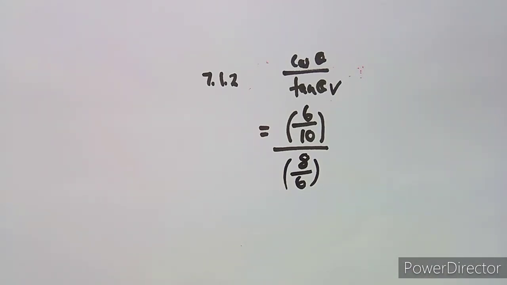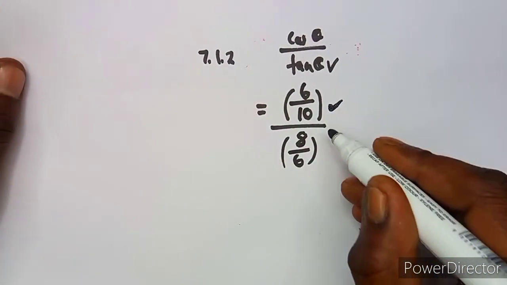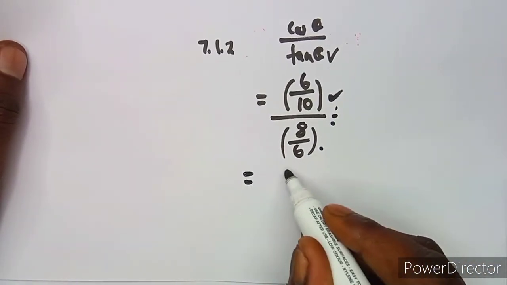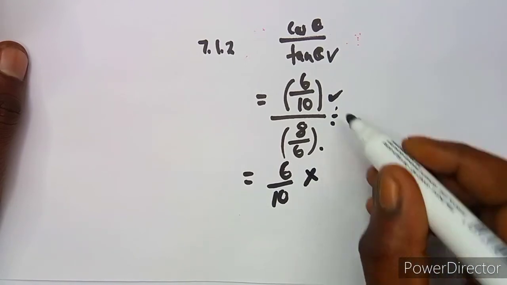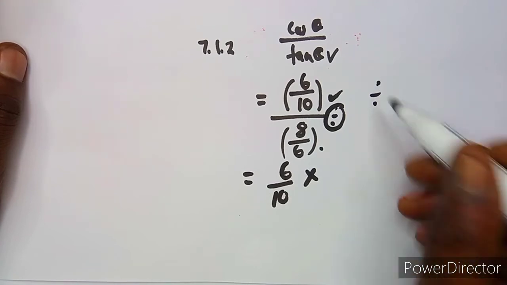So how do you simplify? As you can see, guys, we are given a fraction here, which is dividing another fraction. So take note, from your fractions, you're going to write this as 6 over 10 times, you introduce multiplication, because this is same as dividing like this.